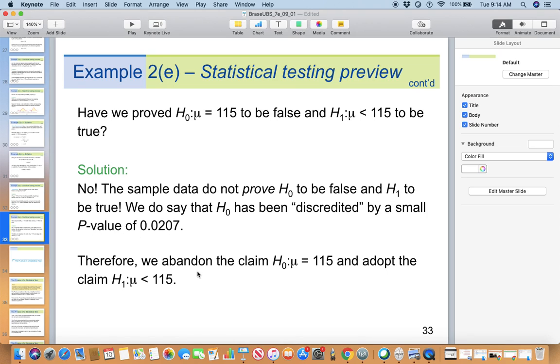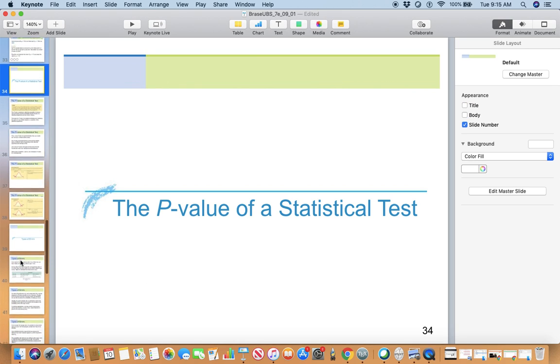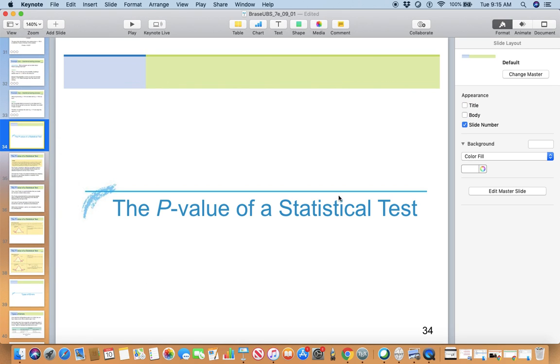Therefore, we abandon the claim. We have not proved this to be false. We simply drop the claim and adopt the claim H1, the alternate hypothesis, that mu is less than 115. Okay, we'll come to the next topic in our next videos.